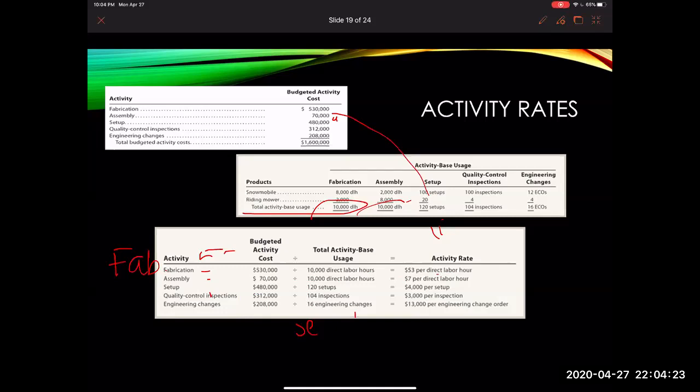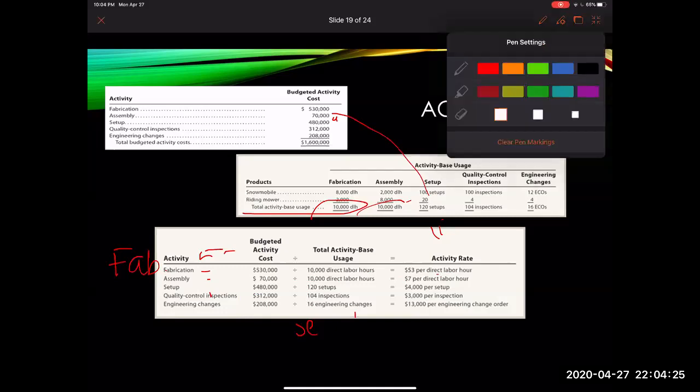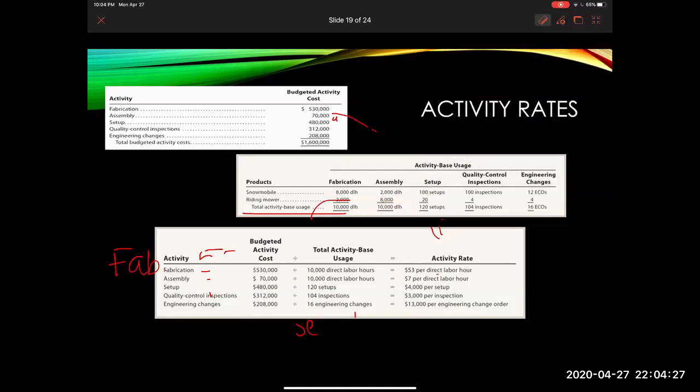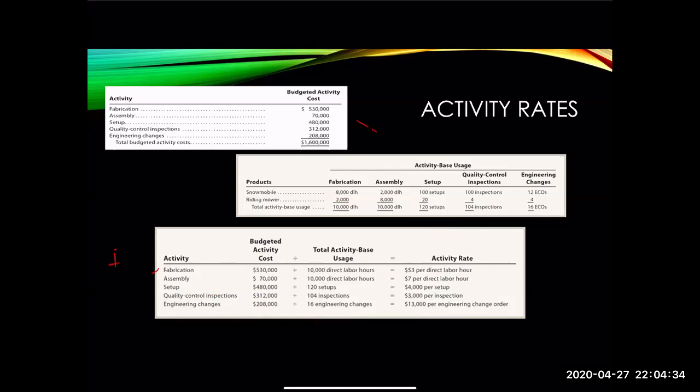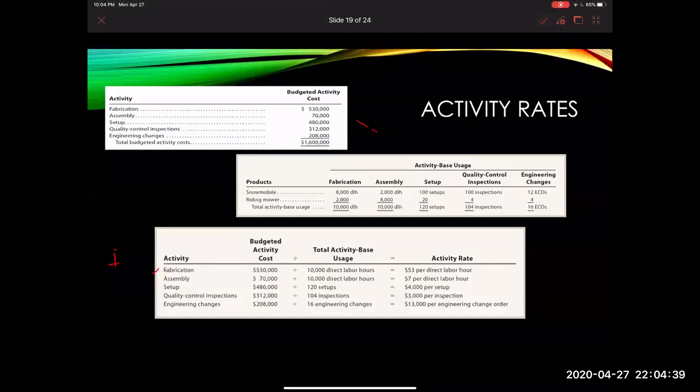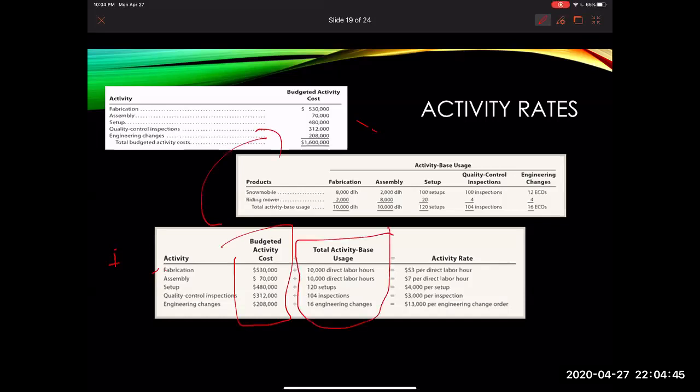You have all of your different activities, right? And now you are allocating, here's their costs, which we got from here. And then here's the total usage. We're not going to divvy it up by product yet, but here's all of their usage, right? Total usage. And then here's all of the rates.